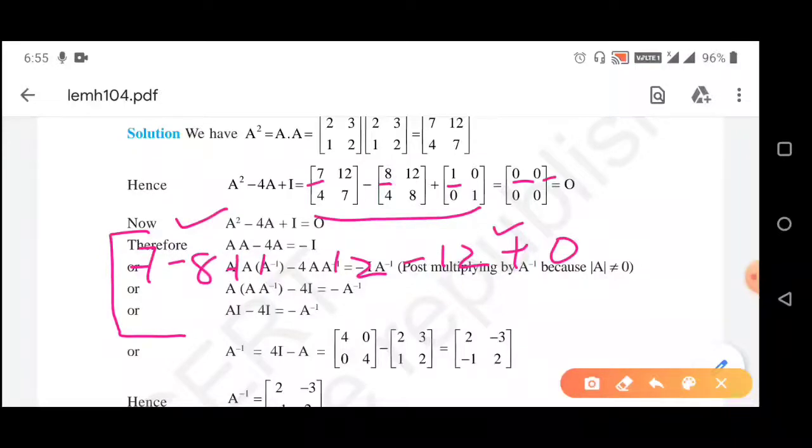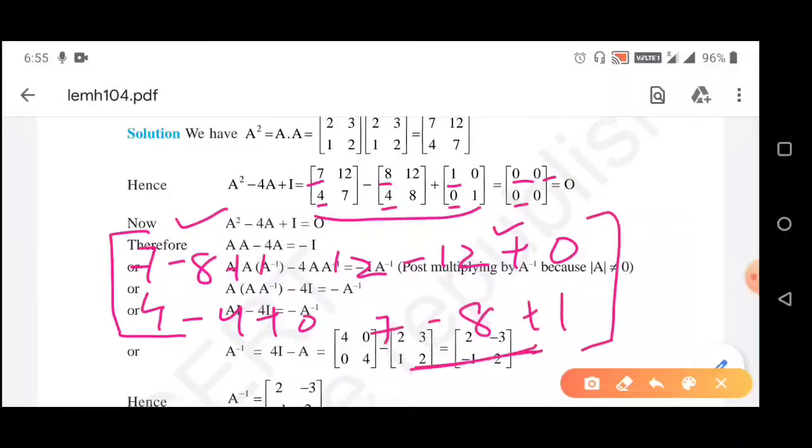Then 4 minus 4 plus 0, from here also we will get 0. Then 7 minus 8 plus 1, so from here also we will get 0. So from the left hand side we will get all zeros. So this is a zero matrix which is denoted by O.